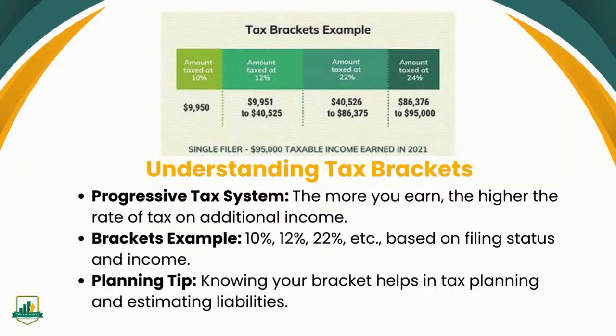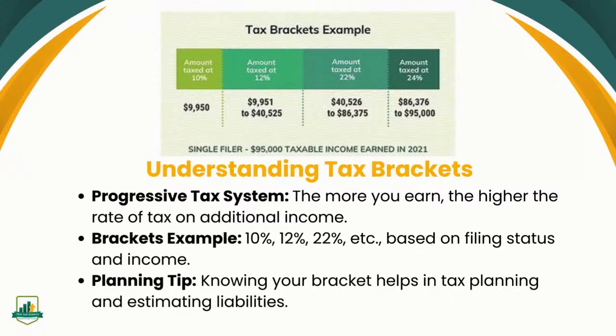Alrighty. So bracket examples. We're going to have the 10, 12, and 22%, right? There's 24. It goes up a little bit higher, but it's very rare that people actually get into that. And again, it's the upper middle class, hardly ever the really rich, right? So here are the bracket examples. The amount taxed on 9,950, right? Amount taxed at 12%.